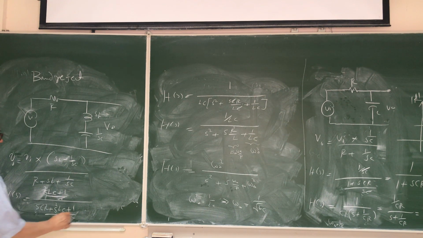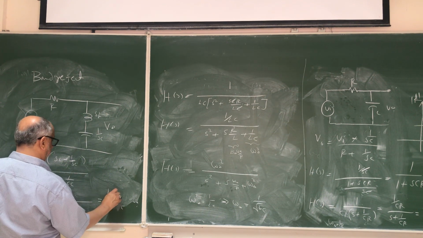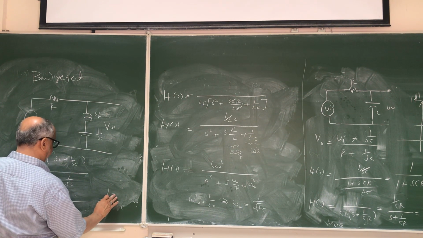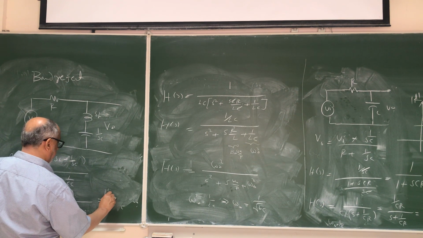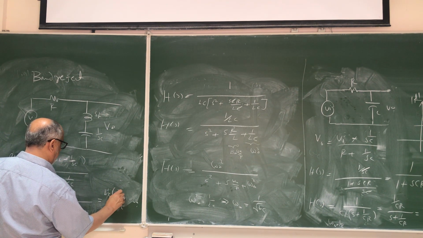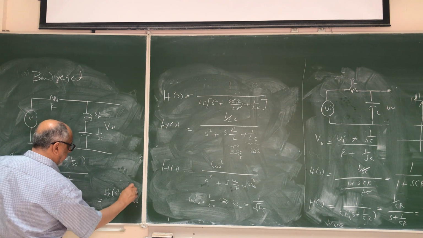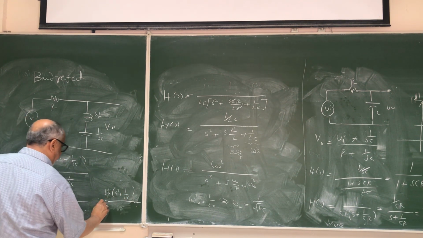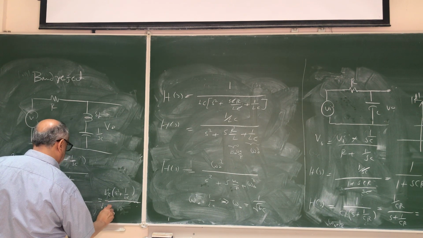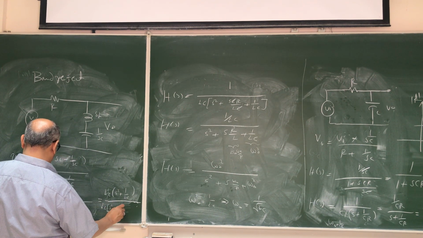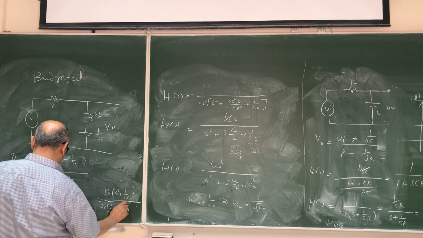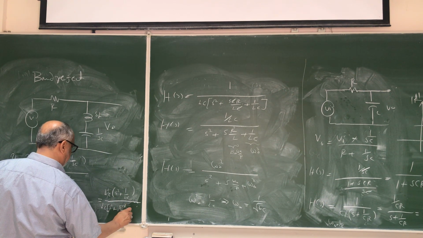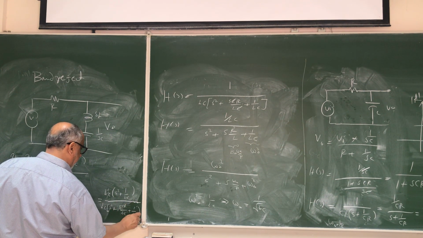So this will cancel that, and we are left with 1 plus, well, I can take LC as a common factor, so we have LC out, S square plus 1 over LC, divided by, here we take LC as a common factor, so we have LC out, S square plus SCR over LC plus 1 over LC.